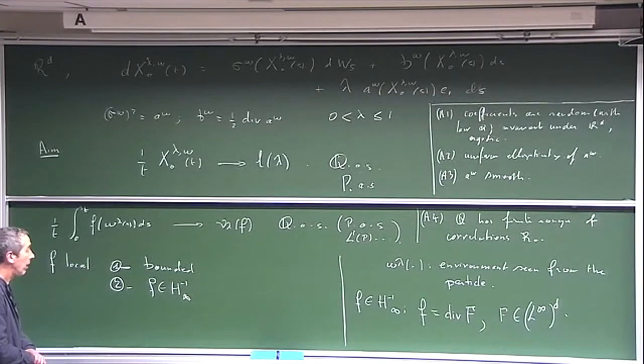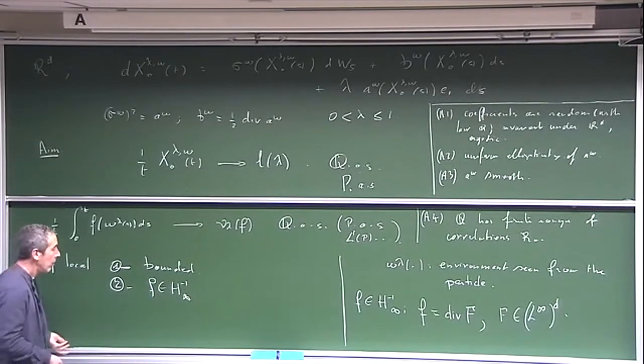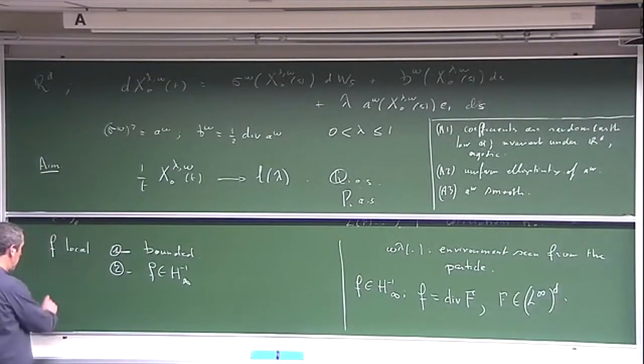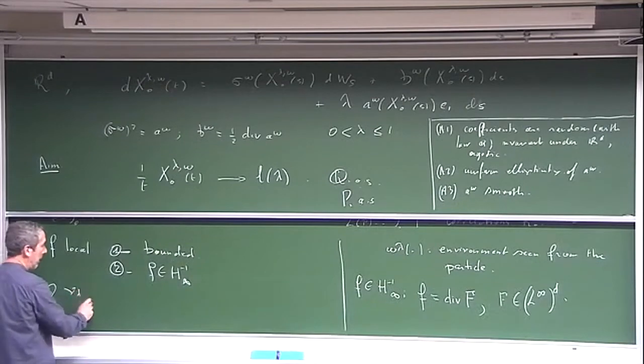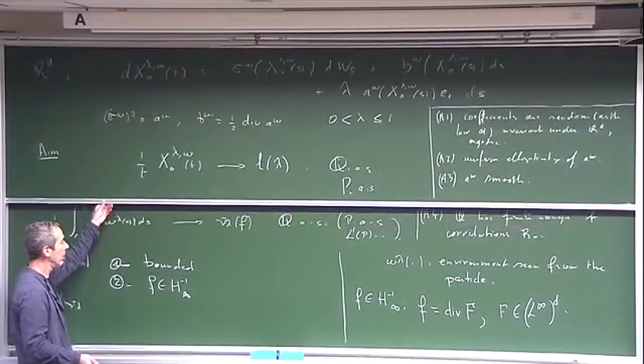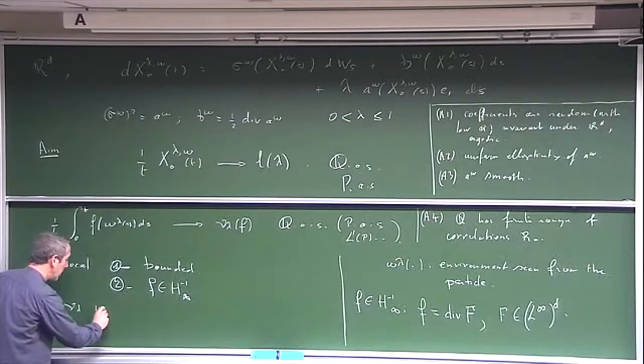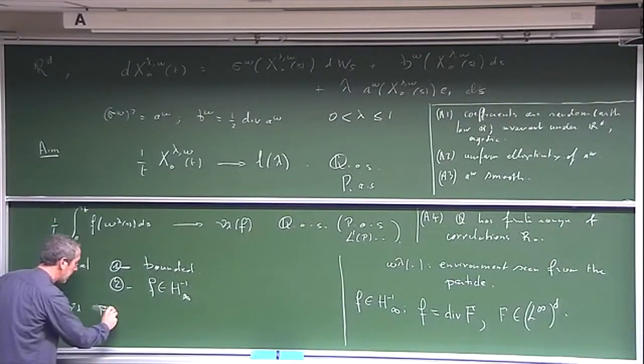And then what ν_λ is: in case 1, ν_λ is an invariant measure for the process of the environment seen from the particle. So in particular, it's a probability measure on Ω.